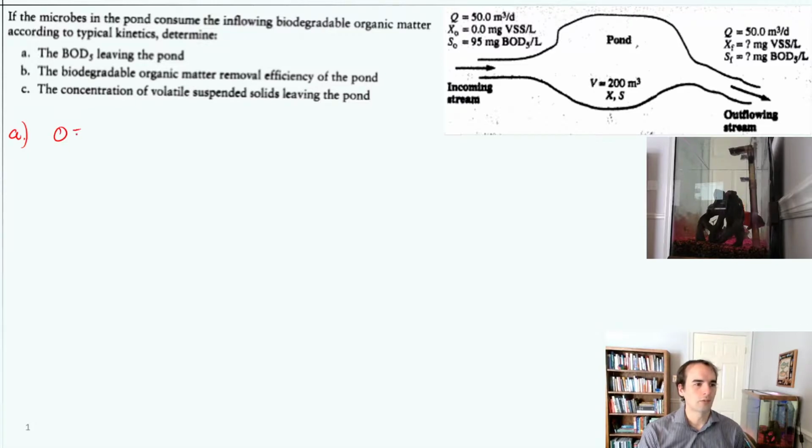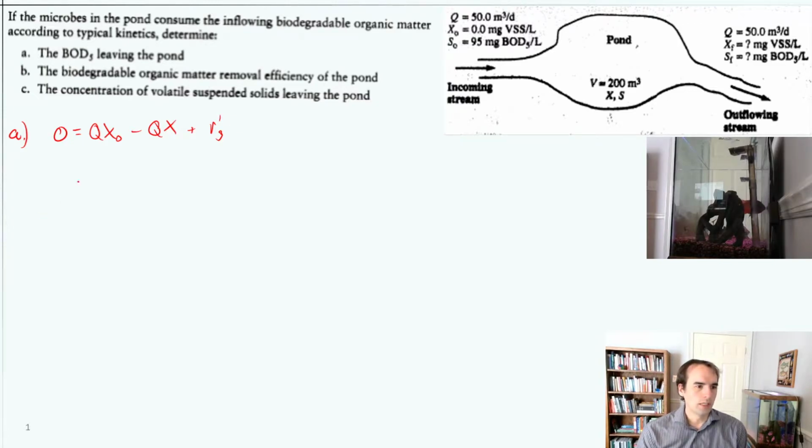So we can say our mass balance at steady state is equal to Qx naught minus what's leaving, Qx, plus the net growth rate, R prime of G. I'm going to keep the book handy to use as a reference.